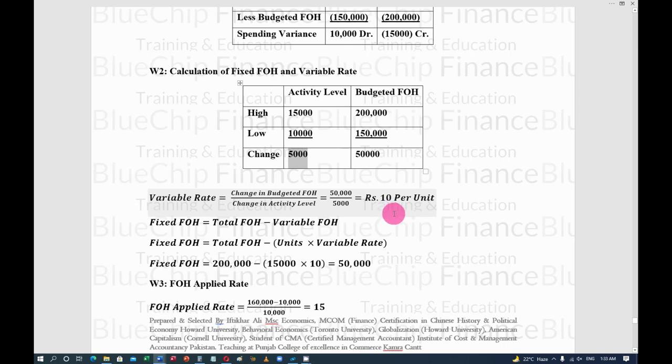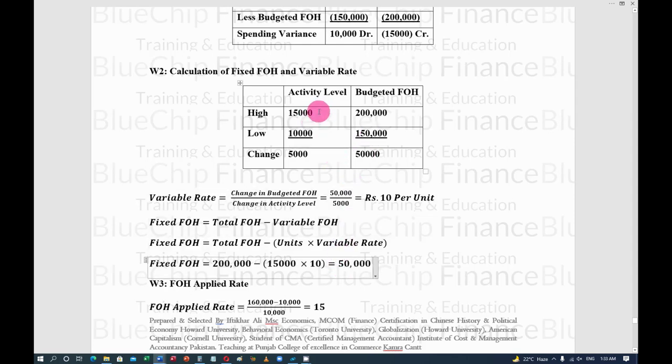And now we can very easily calculate budgeted fixed FOH either at this level or this level. For example, if we take this level, 10,000 activity level multiplied by variable rate 10, so 10,000 multiplied by 10 is 100,000, and total budgeted FOH minus variable budgeted FOH, which is 1 lakh, is equal to 50,000.